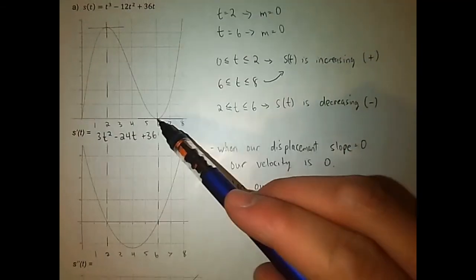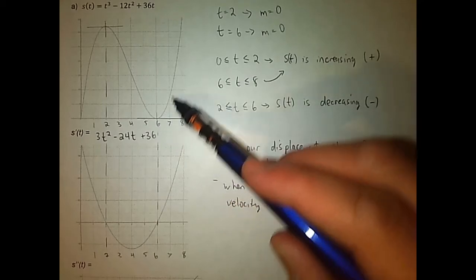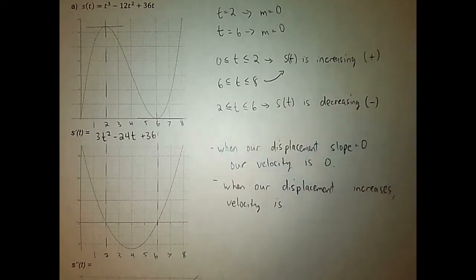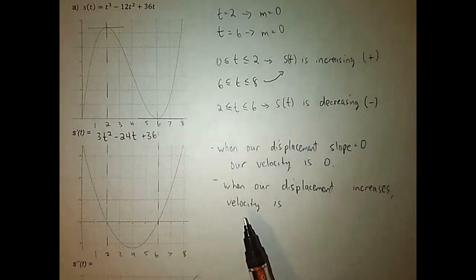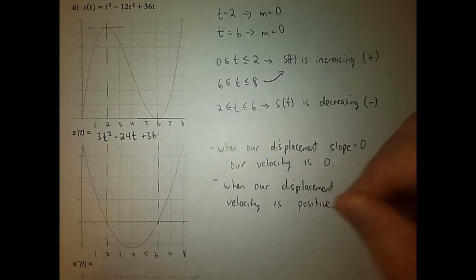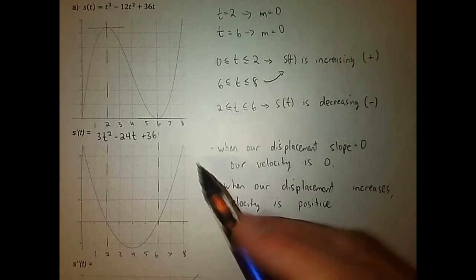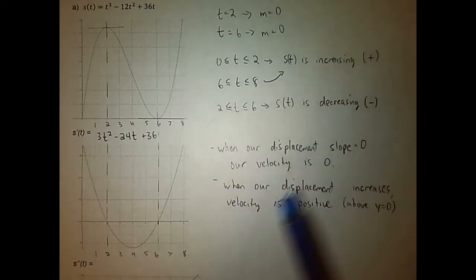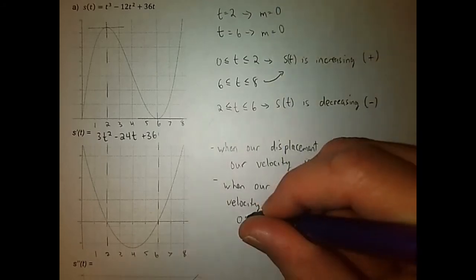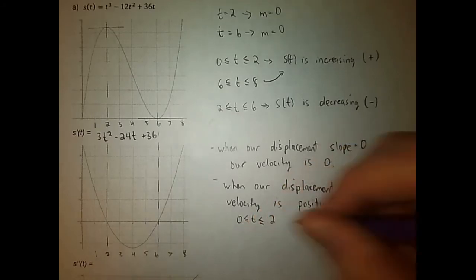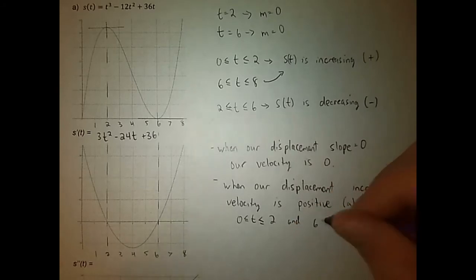And afterwards, when our displacement graph starts increasing again, my graph for velocity is also increasing. So when our displacement increases, velocity is positive, meaning above the x-axis, so above y equals 0. And this happens in these two intervals.